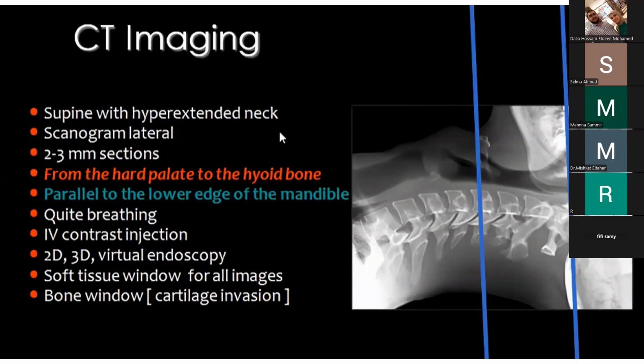That's the field of view boxed on that scanogram. Quiet breathing keeps motion down, and we give IV contrast as well. Everything is read on a soft tissue window with a bone window added when we are hunting for cartilage invasion, and the data can be formatted into 2D, 3D, or virtual endoscopy.